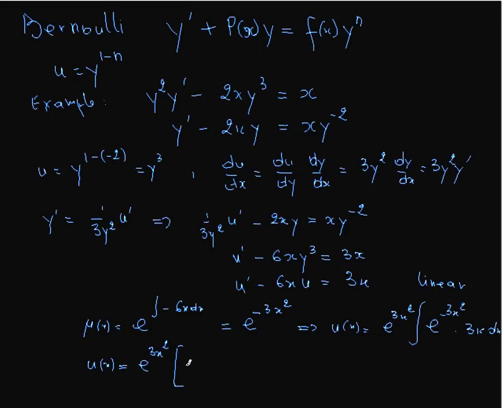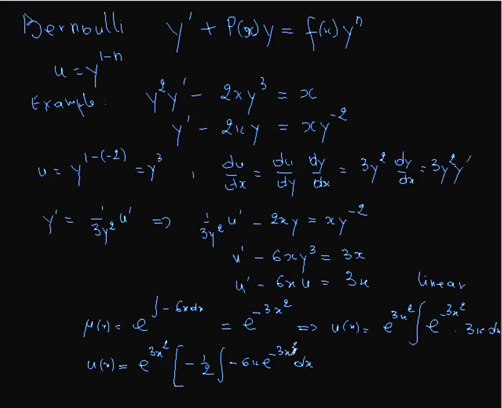So u(x) is exponential of 3x squared, and I will write negative 1 over 2 times the integral of minus 6x exponential of minus 3x squared dx. I divide by 2 because I need to multiply by 2, and same for the minus. Now you can see that if you differentiate the exponent minus 3x squared, you obtain minus 6x.